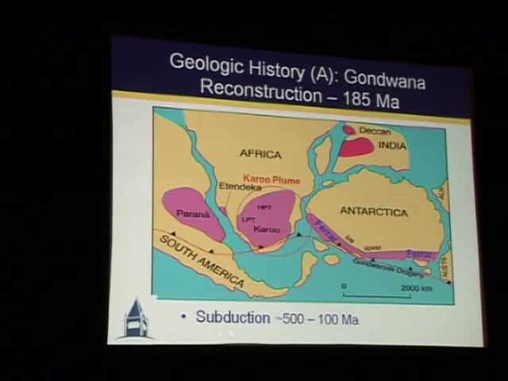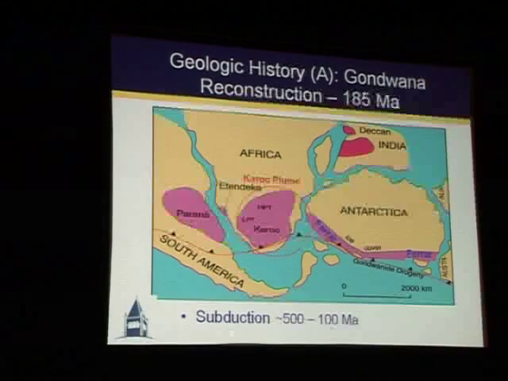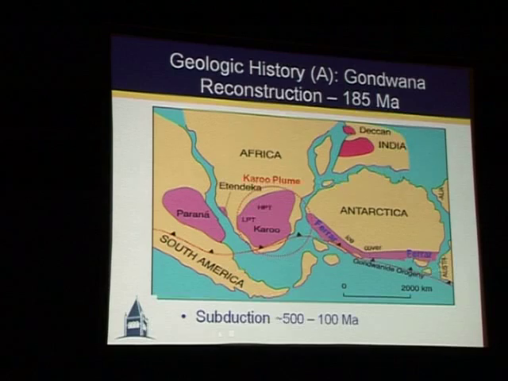We have evidence of subduction at 500 million years ago, and we have evidence of subduction continuing all the way until about 100 million years ago, when New Zealand and Australia started separating away from Antarctica, or from Gondwana. So there is a very long history of subduction along this margin, and the samples we collected that I'm going to show you come from this part of the world, now rearranged so that we no longer have subduction, but instead we have extension.